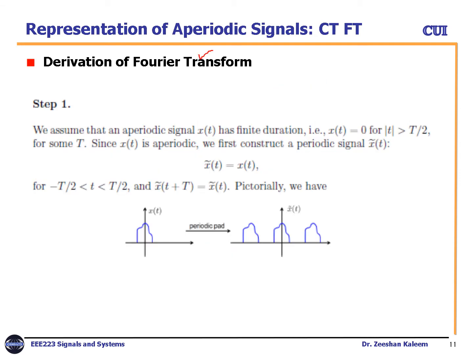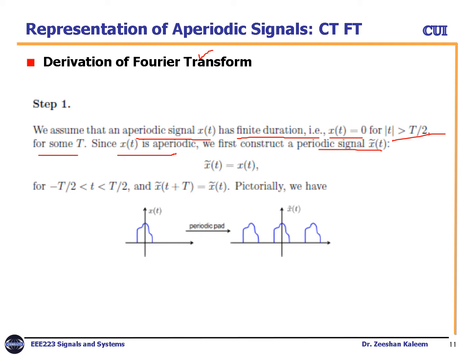Derivation of the Fourier transform. Step 1. We assume that an aperiodic signal x(t) has a finite duration. That is, x(t) is equal to 0 for |t| greater than T by 2 for some T. Since x(t) is aperiodic, we first construct a periodic signal x tilde(t).